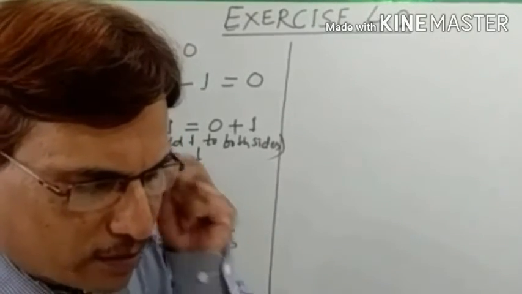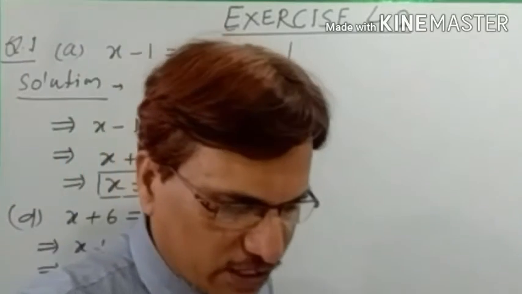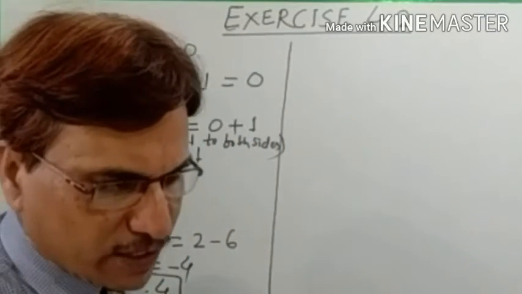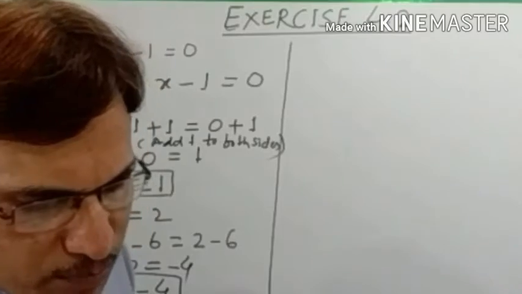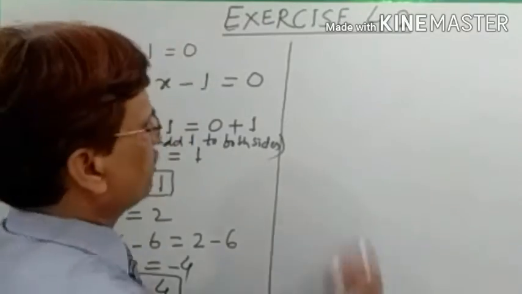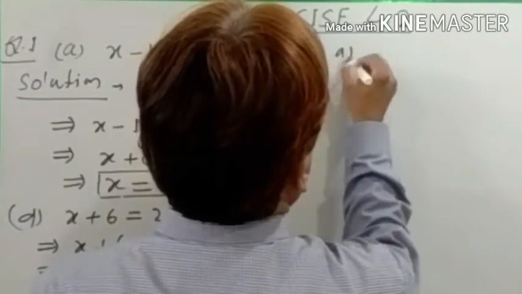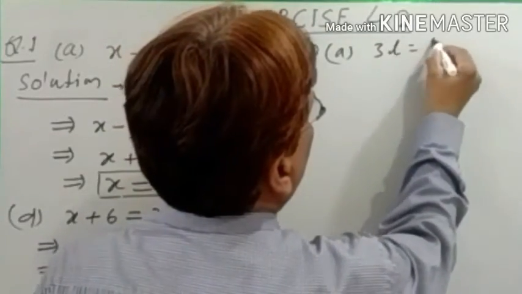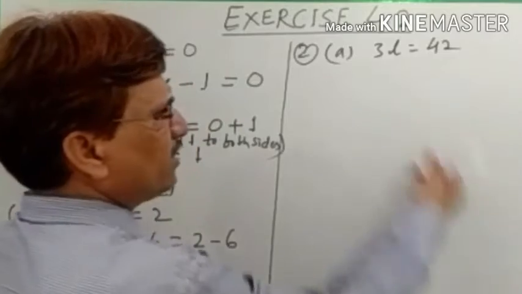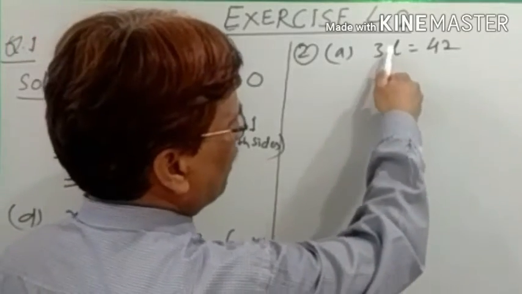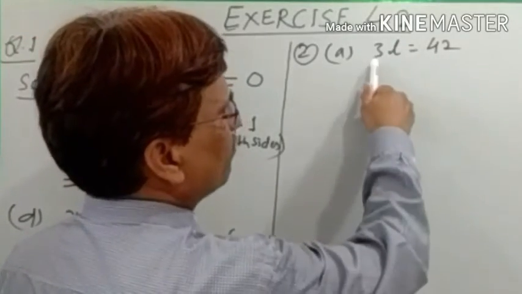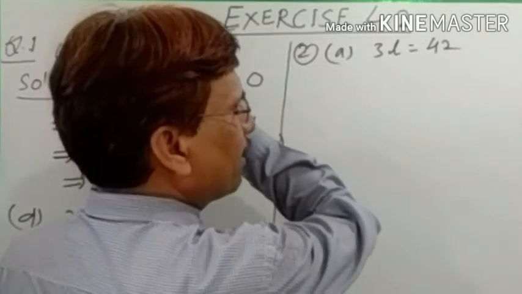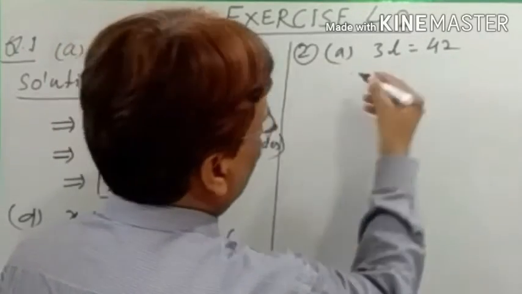Question number 2, same as question number first. Give first the step you will use to separate the variable and then solve the equation. A, 3L is equal to 42. Here 3 multiplied by L is equal to 42.